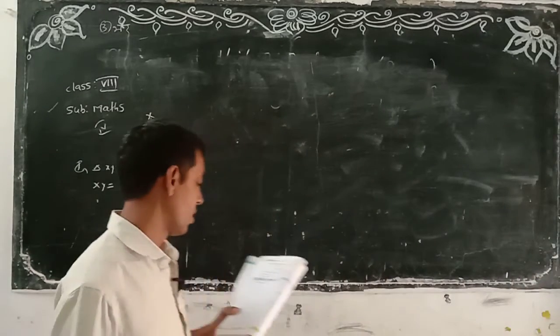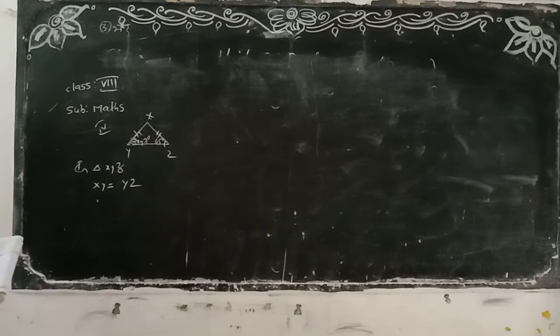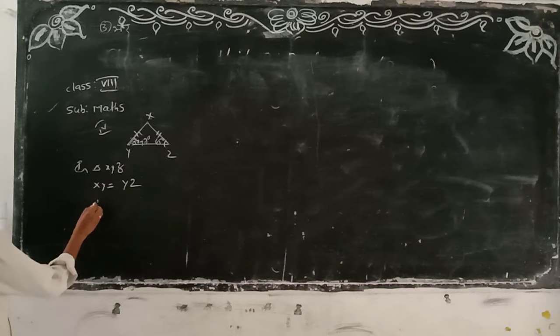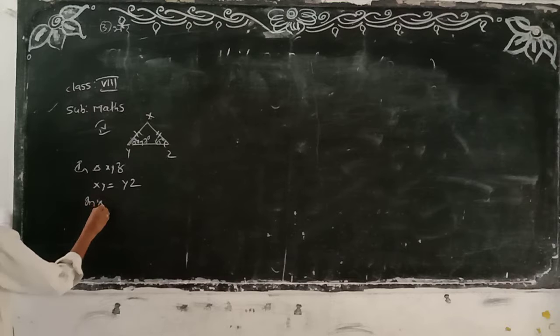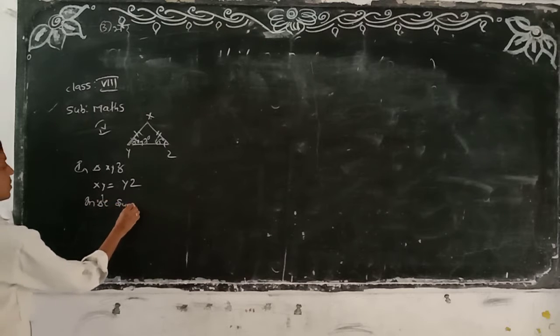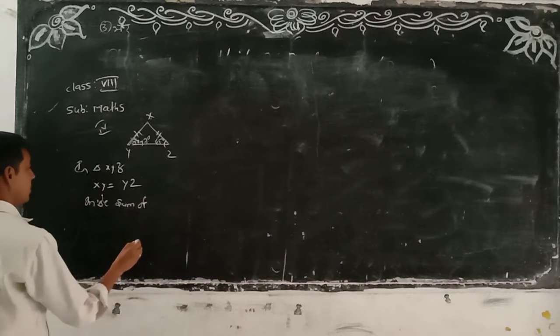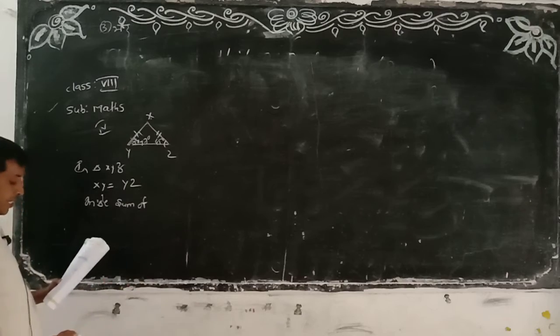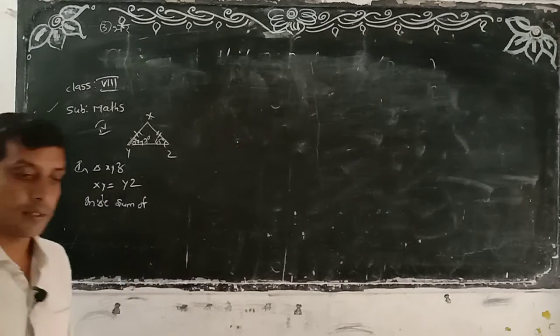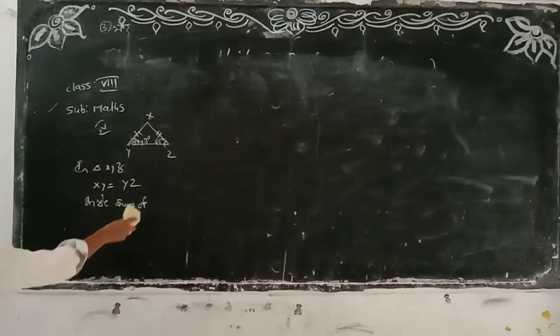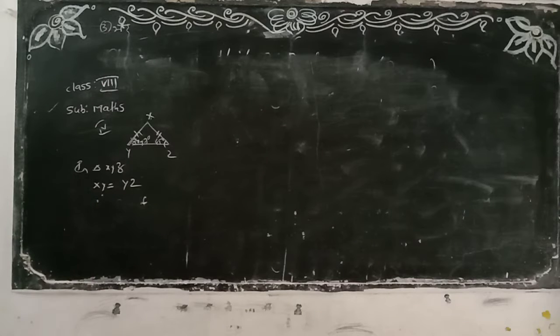In a triangle, the sum of 3 angles equals 180 degrees. But before that, this problem is completed now. XY is equal to YZ.